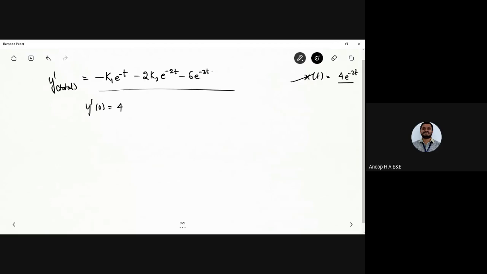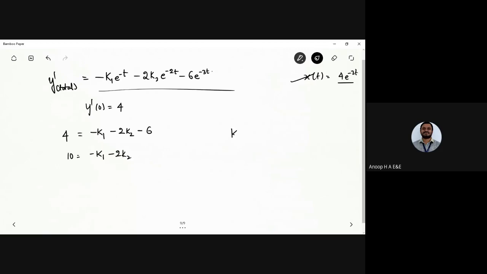So now what needs to be done here? You have 4 equal to minus k1 minus 2k2, and next you have minus 6. With t equal to 0, you get 4 plus 6, which is 10, equal to minus k1 minus 2k2.